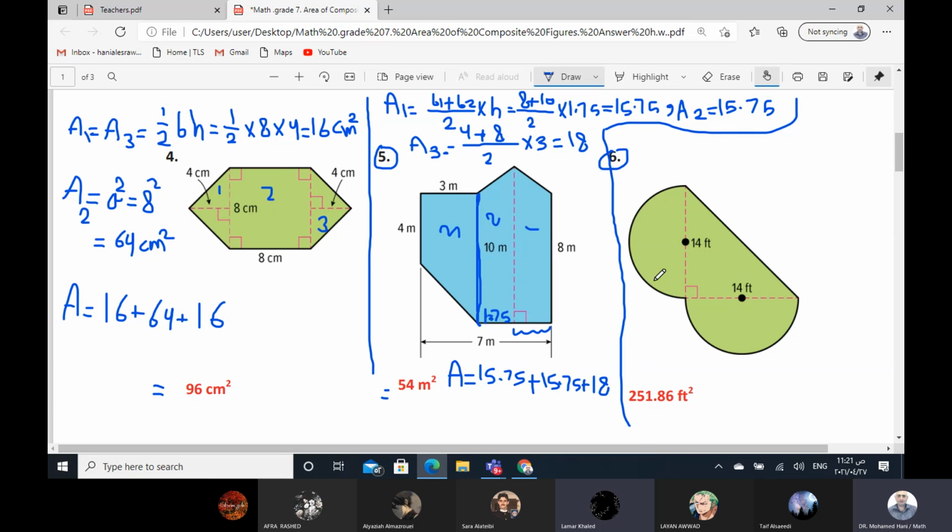Yes, and here we have semicircle, and here we have semicircle, and here we have triangle. As you see here, diameter 14 and here diameter 14, means the first semicircle is congruent with the second semicircle, means the same area. So we can write A1 equals A2.